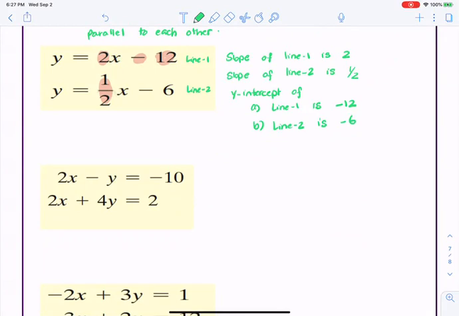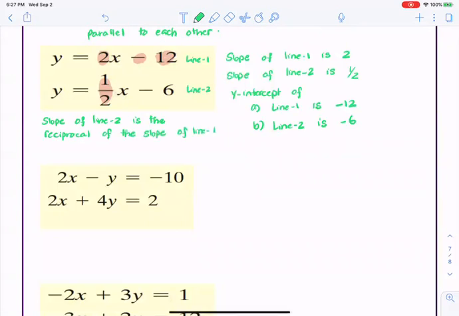So you look at the two slopes. The slope of line 1 is 2. Slope of line 2 is 1/2. So clearly, the slope of line 2 is the reciprocal of the slope of line 1.